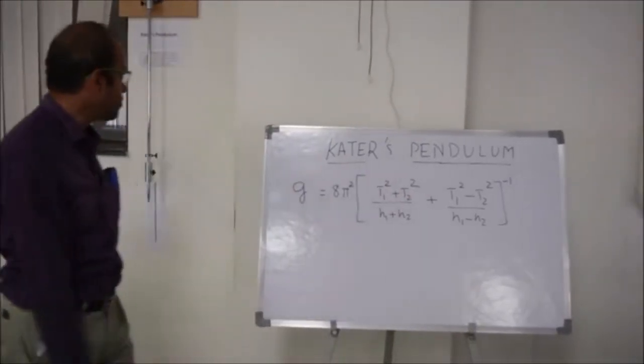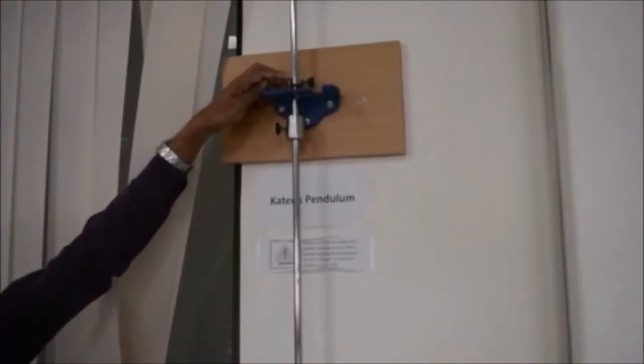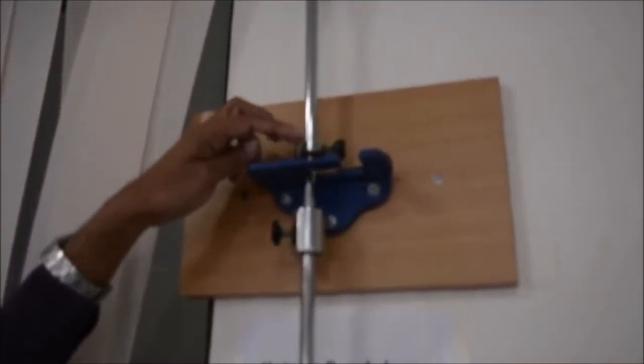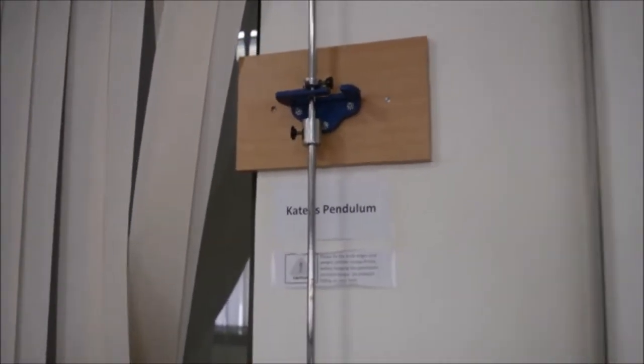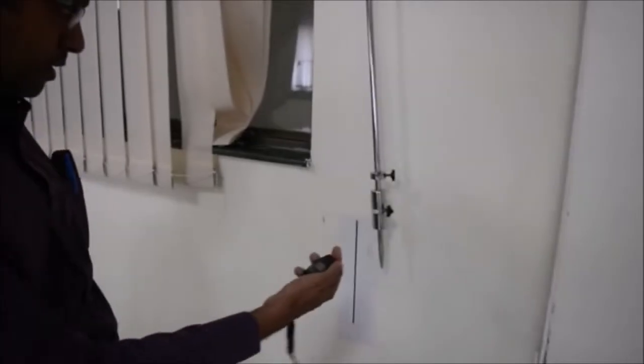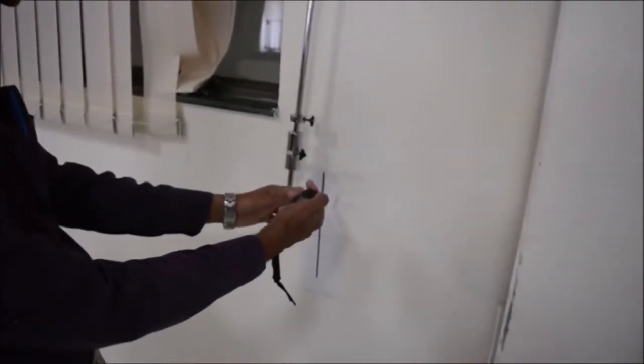Now, what are these t1 and t2? If you look closely at this pendulum, you will see that there are two knife edges, one on top and one over here. Suppose I pivot this pendulum about this knife edge and then set it into oscillations. When it exactly goes through the center equilibrium point, I start the clock.